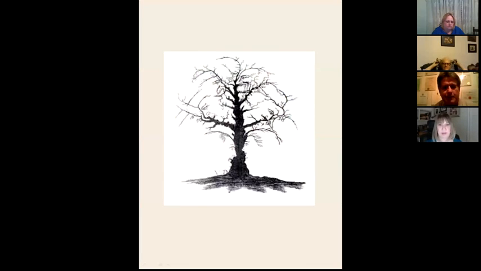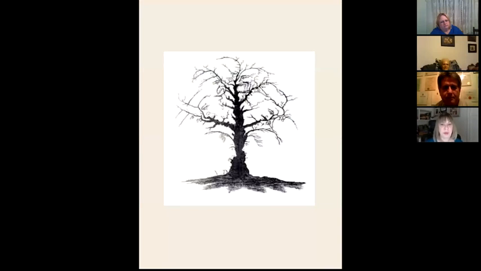Here's another. Do you see a tree, or do you see 10 faces? Here's 1, 2, 3, 4, 5, 6, 7, 8, 9, 10. And if you kind of stare at it, if you relax your eyes, you can see it one way, and then you see it the other way.